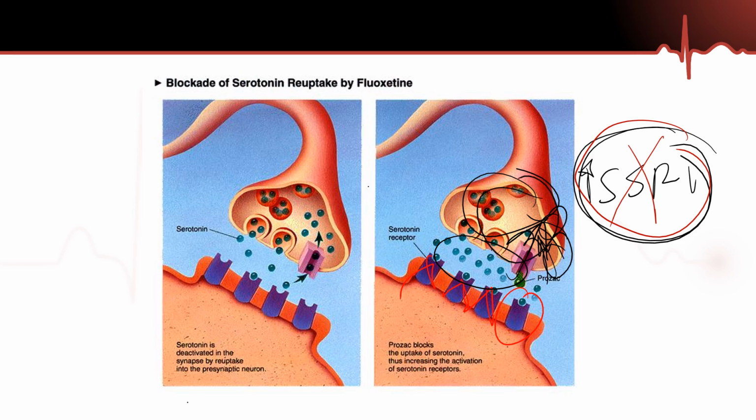So they're going to have very little serotonin in their interstitial fluid, and very few receptors for serotonin. So now the likeliness that this neuron is going to be able to generate an action potential if the person doesn't take their SSRIs is incredibly low, right?